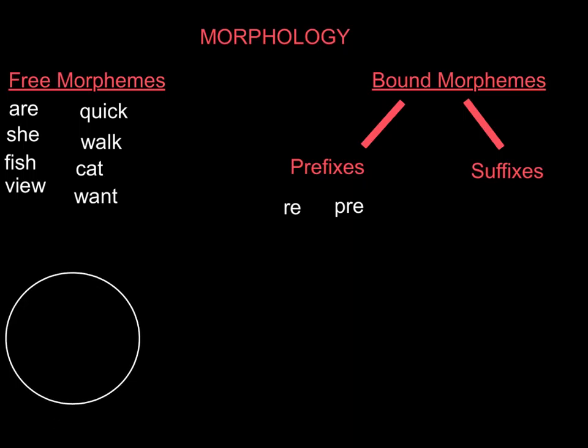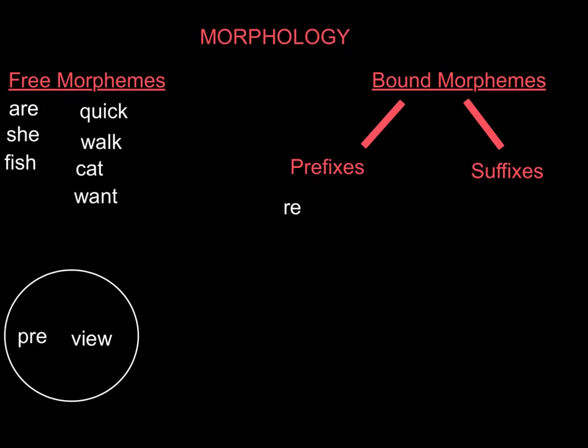Let me just take my little word circle here. And I'm going to take a free morpheme. It's free to be a word by itself, but it can also link up with some other morphemes, like a bound morpheme. I can take pre and add it to view, and I've changed the meaning of the word.